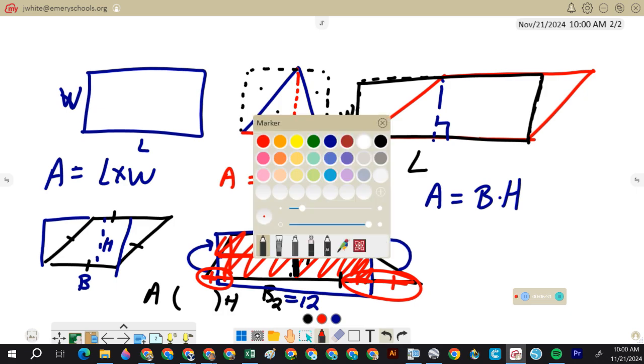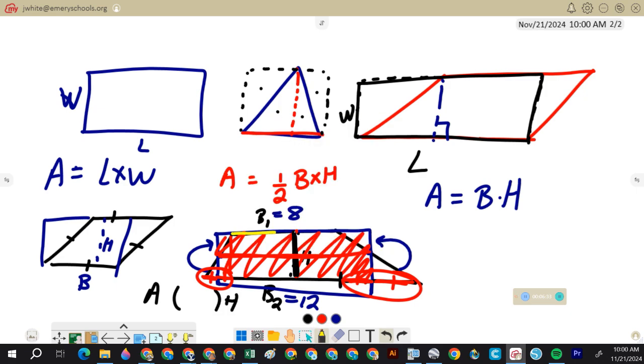So I'm running out of colors, sorry. So this is 8, and this is 12, but this right here has to be in the exact middle of 8 and 12. So it's the average of the 8 and the 12, which would be 10.